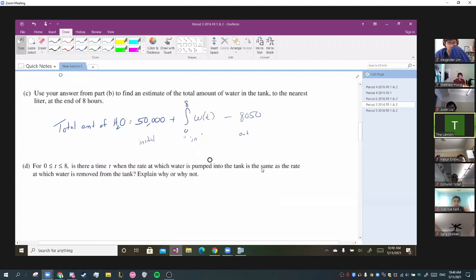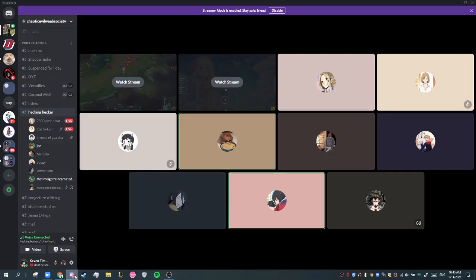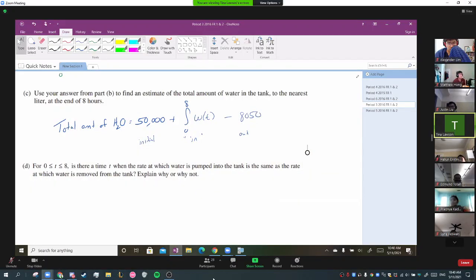Letter D, right here. Between the times of 0 and 8 including, right, there is a time t when the rate at which the water is pumped into the tank is the same as the rate at which the water is removed from the tank. Explain why or why not.